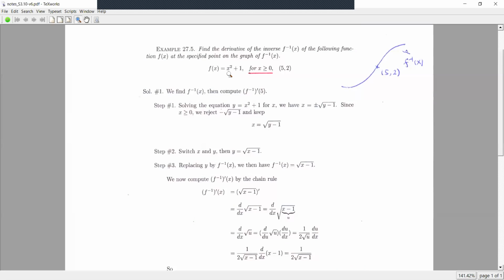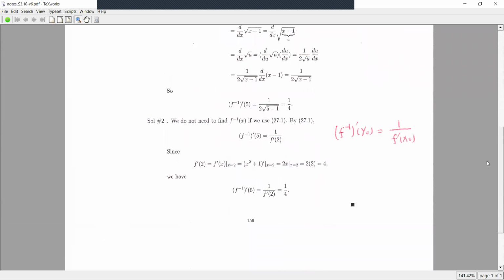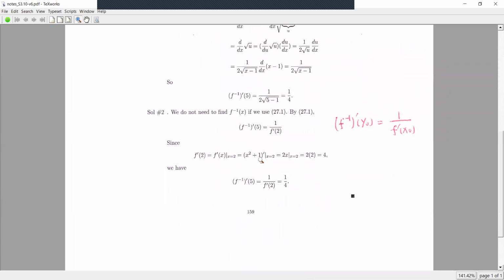The derivative of x squared plus 1 is 2x. Then plug in 2 for x. The derivative of f at 2 is therefore 4. This number is 4. Therefore, the derivative of f inverse at 5 is equal to 1/4.